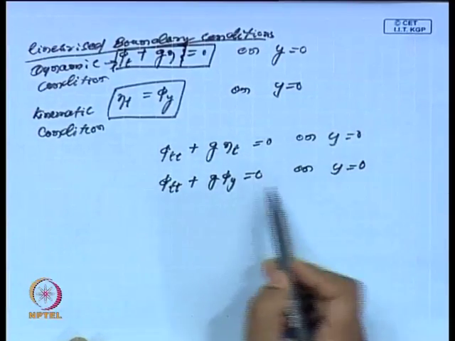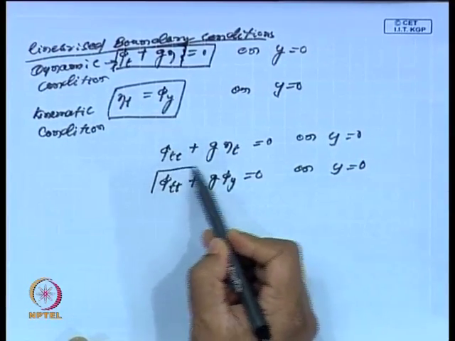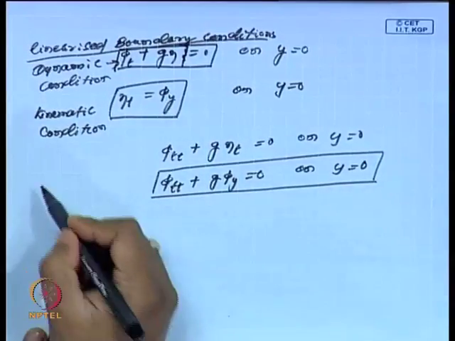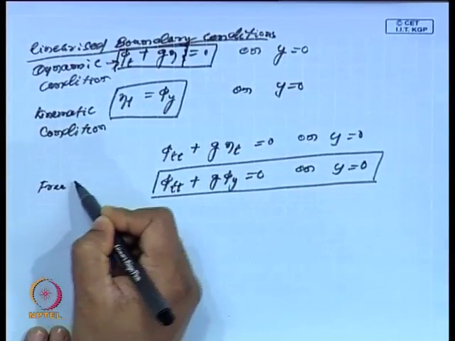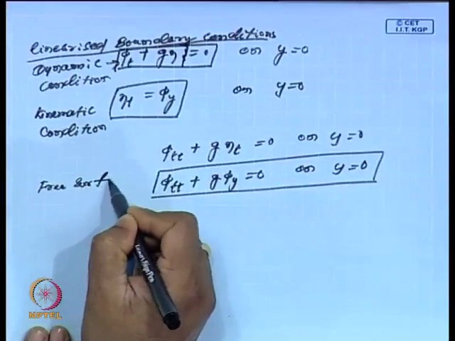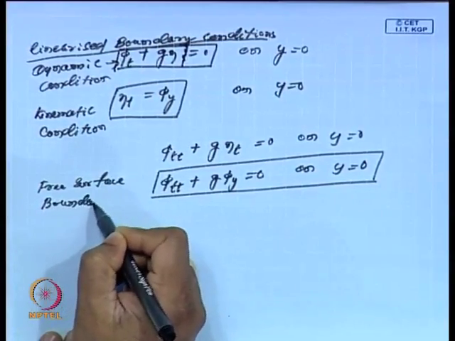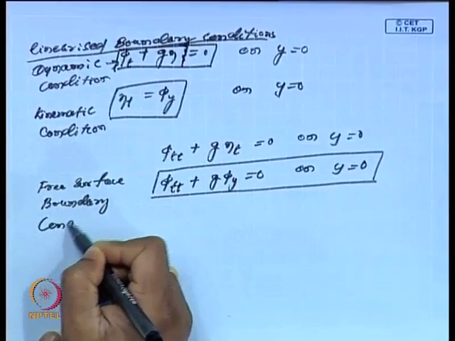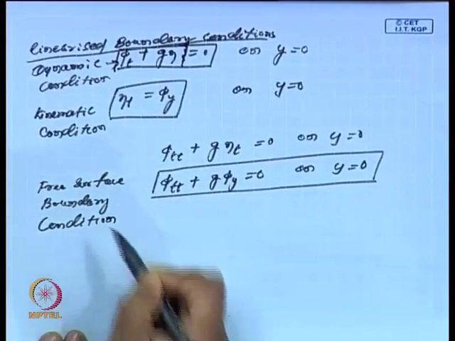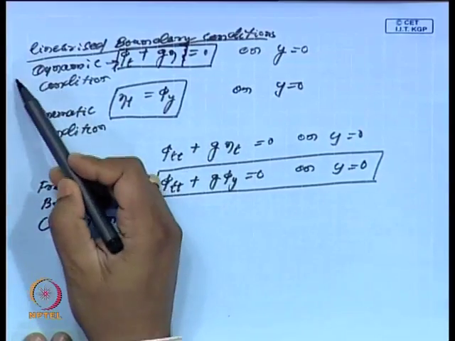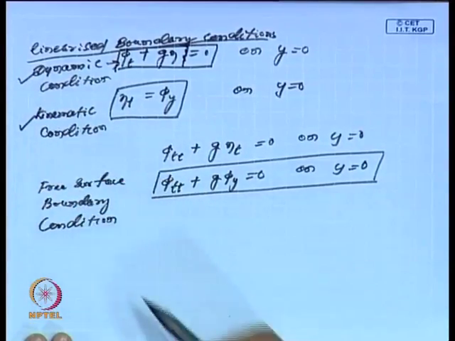Okay. So, this becomes the free surface boundary condition for water wave problems, and this condition is a combination of the dynamic condition as well as the kinematic condition.